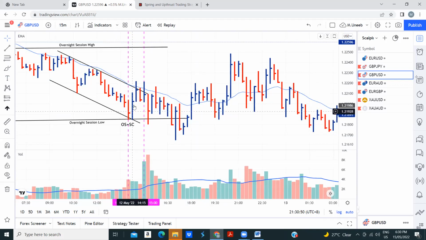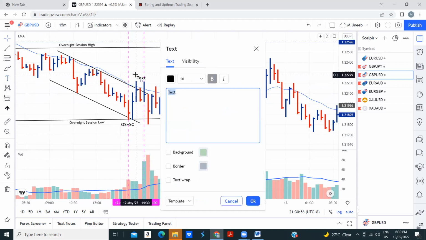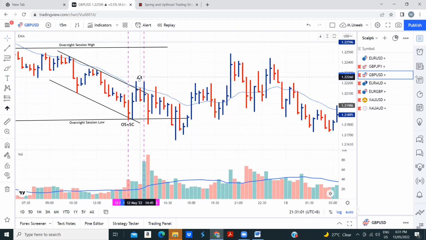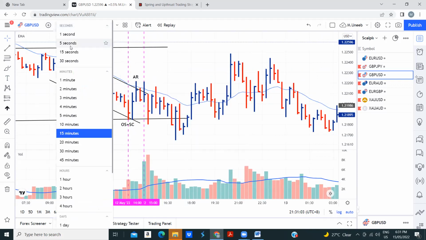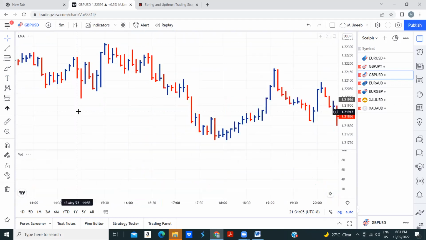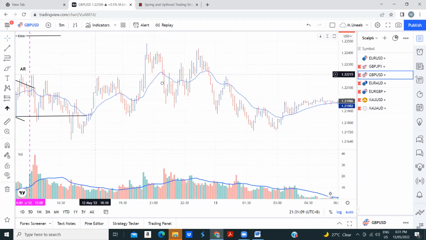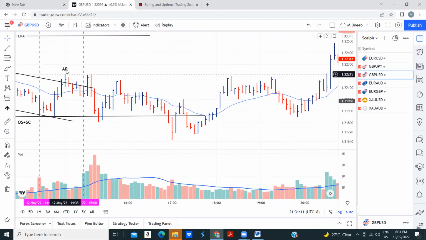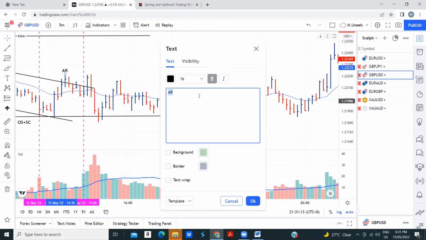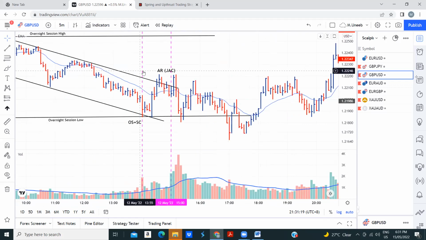And oversold. And what is this? Just before London open, what do we notice here? Automatic reaction, AR. And if you go and refine on the 5-minute chart, you will see a very, very interesting thing. This AR was also what? Jump across the creek. Right or wrong? Yes. Now, what is our bias?